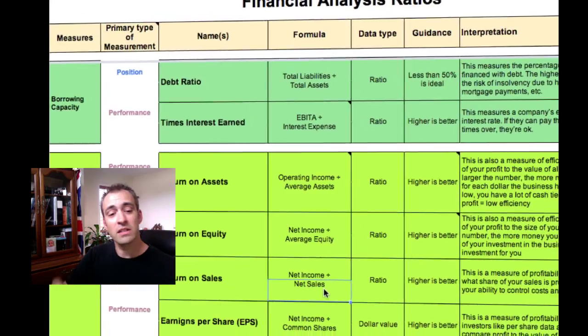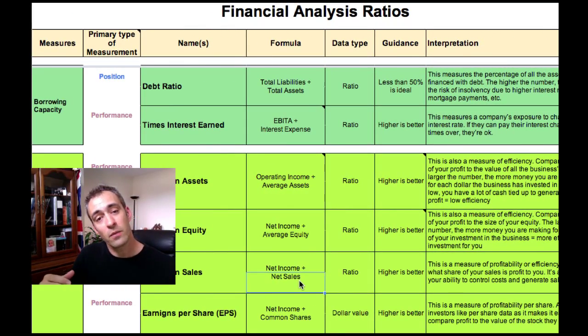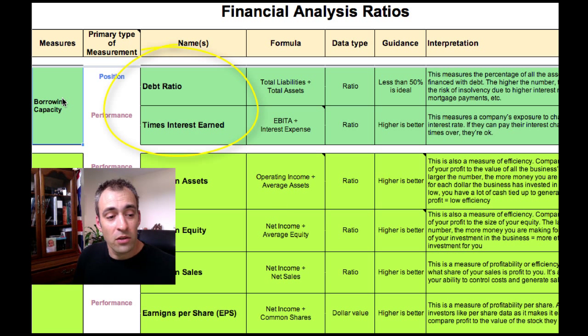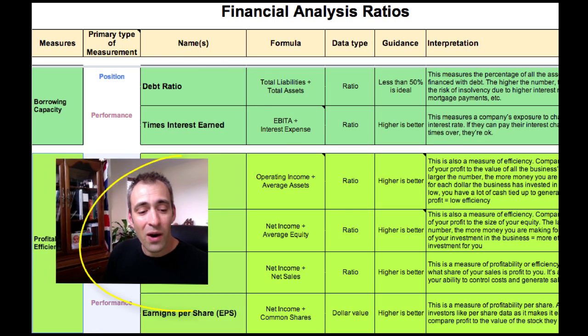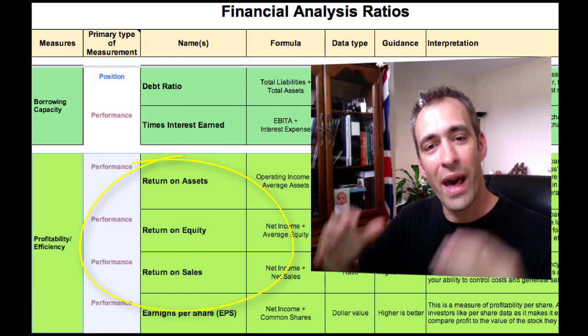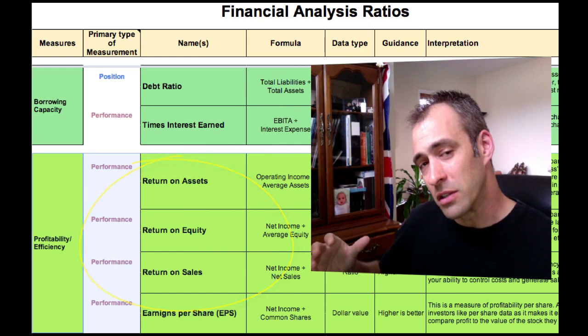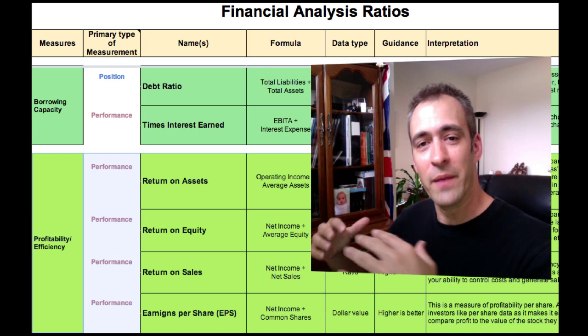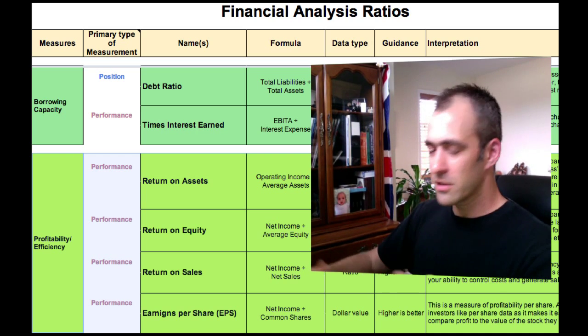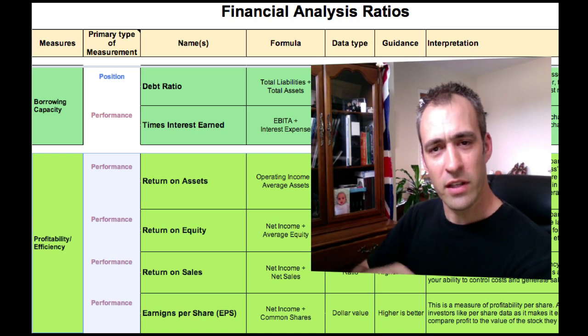So you have to throw all these together with the ratios last time, which were situational. How safe are we right now? This tells you how much more can we borrow and how can we handle the debt that we have, combined with how efficient are we? How well do we run this business? How well are we able to generate wealth from our assets and the equity or wealth that we have invested in the business?